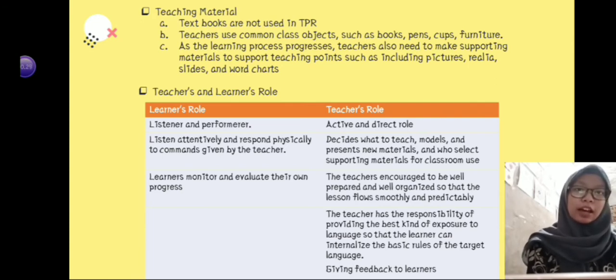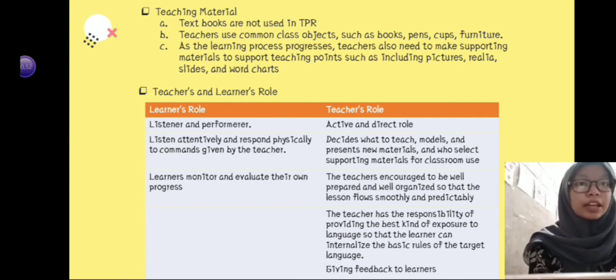Next, teachers and learners' roles. Learners' roles: listeners and performers. They listen attentively and respond physically to commands given by the teacher. Learners monitor and evaluate their own progress.